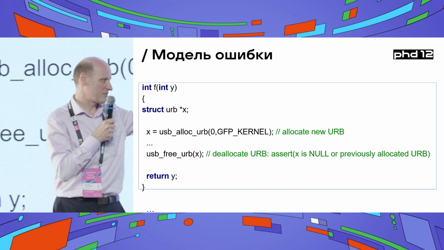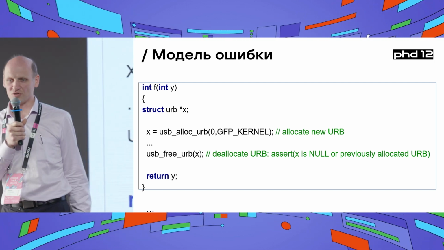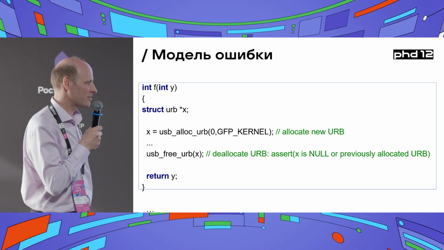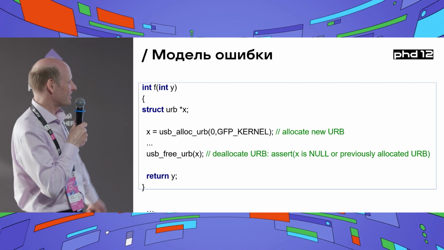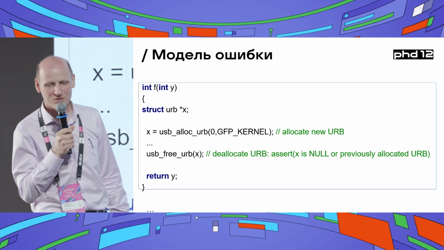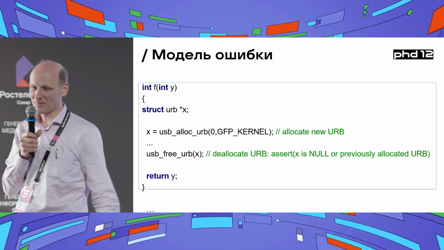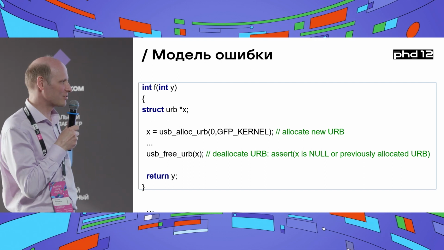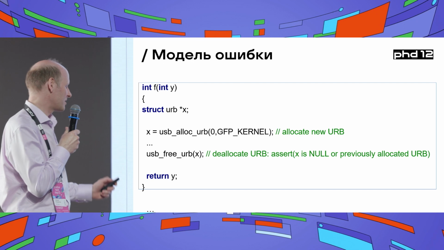And when we call free, we have to check that the parameter is null or a previously allocated URB. And in the end, we can check all the URBs that were called, and that they are all deallocated at the end of the work.